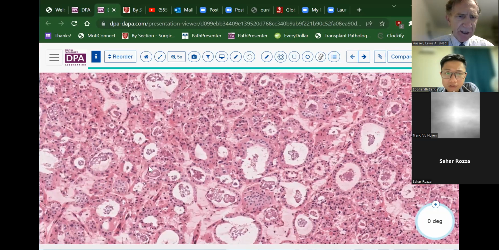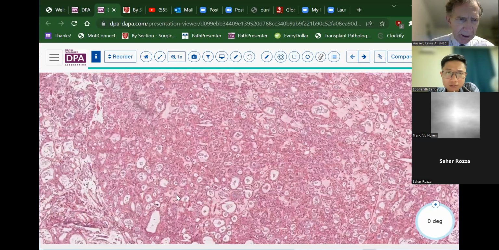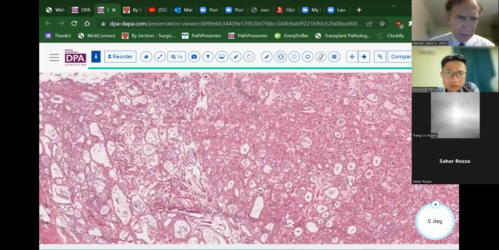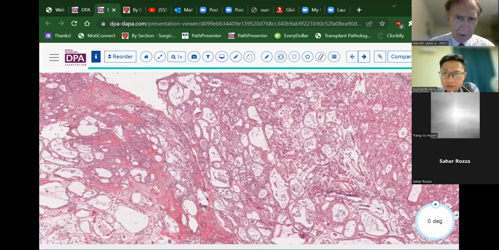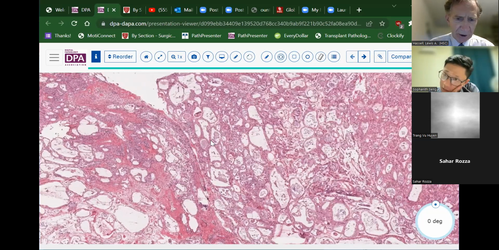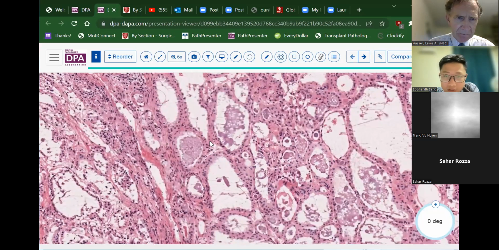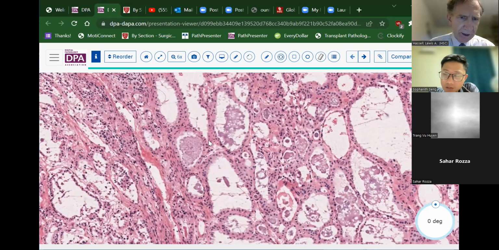Then many of these follicle spaces or cystic spaces have some sort of eosinophilic material in them. And as we look around, we can see some of them are very open, but others have more of this material in them.